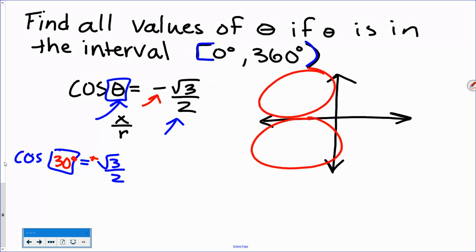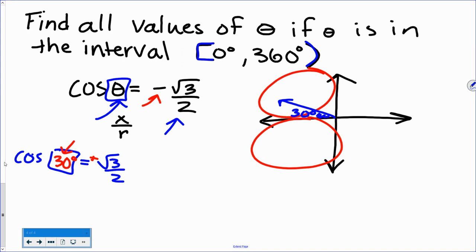So there will be two answers that make this true. I need to use my reference angle of 30 degrees, so I need to be 30 degrees above the x-axis. That would be a reference angle.